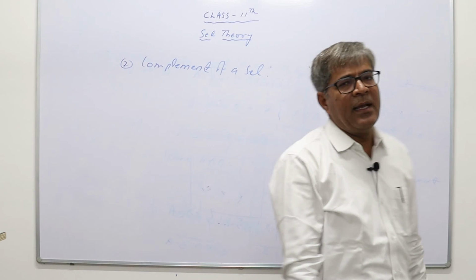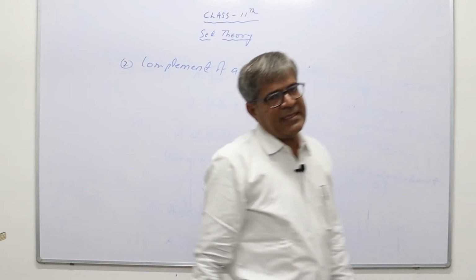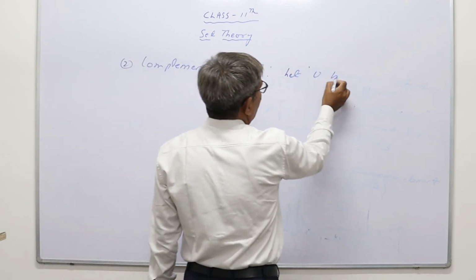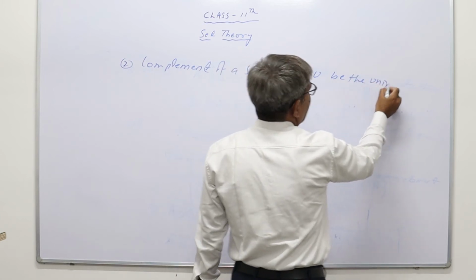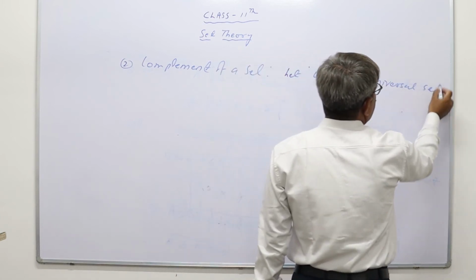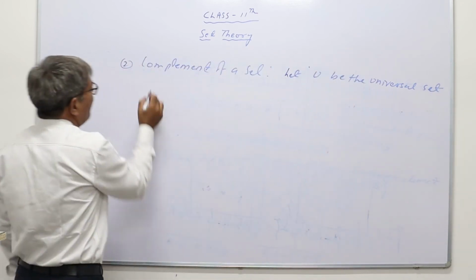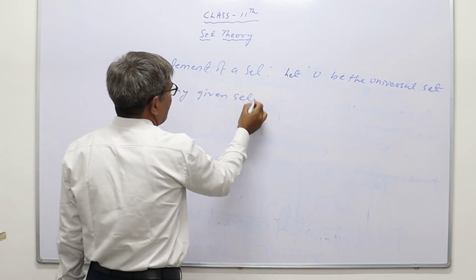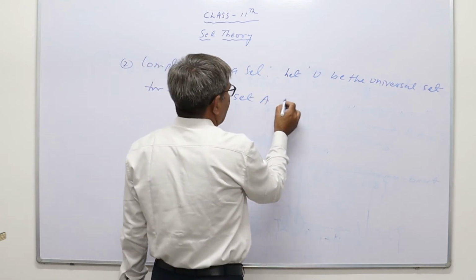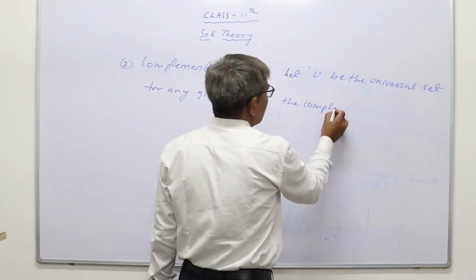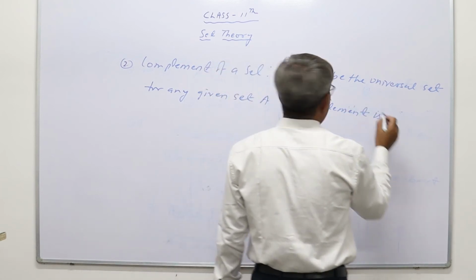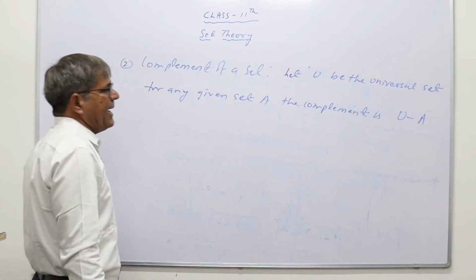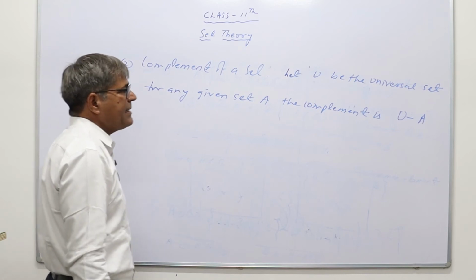If we are given one set that is the universal set and one more set, for example, let U be the universal set and for any given set A, the complement is U minus A. That is, directly we will subtract the elements of A from the universal set.